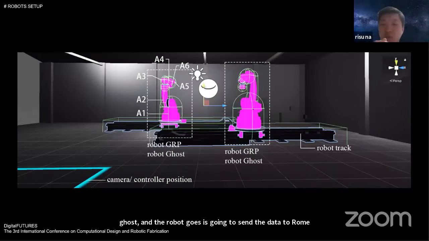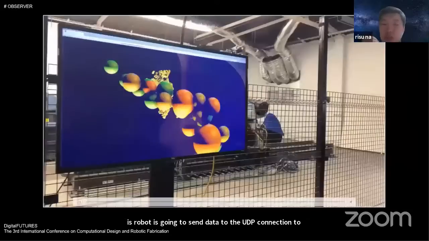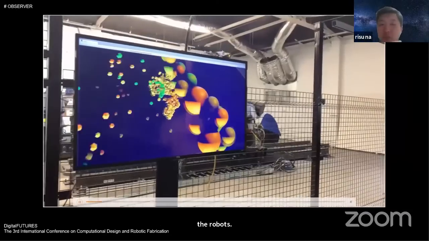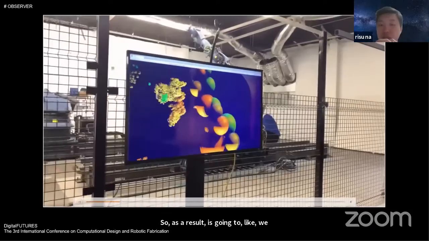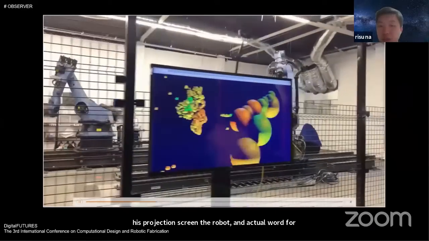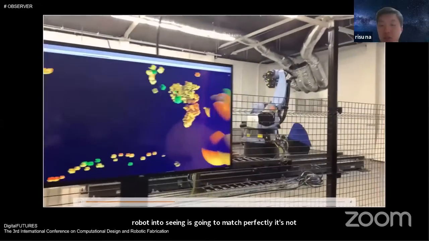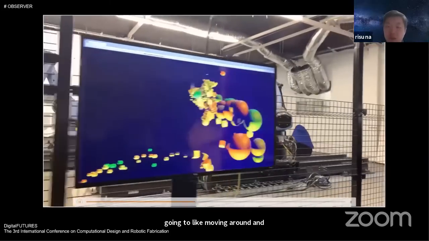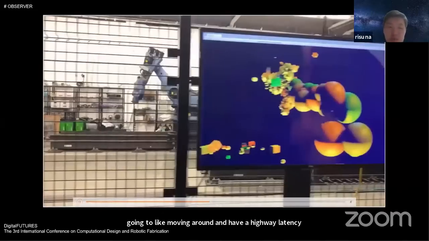The robot group calculates the joint rotation data from the A1 joint to the A6 joint, because this is a 6-axis robot. It sends the data by UDP connection to the robots. As a result, we can see from this projection screen that the robot and the virtual robot in the scene match perfectly. It's not moving around and has no latency problem.